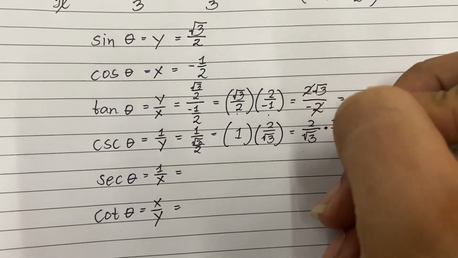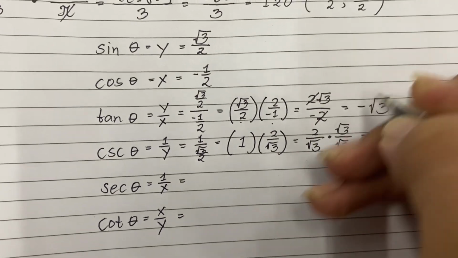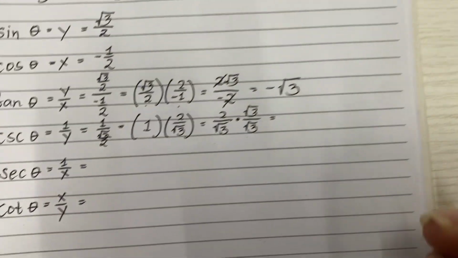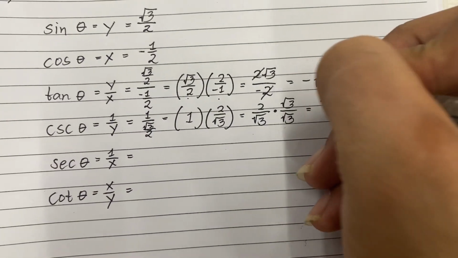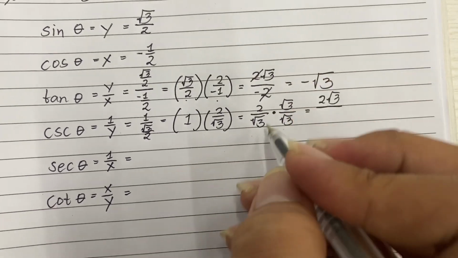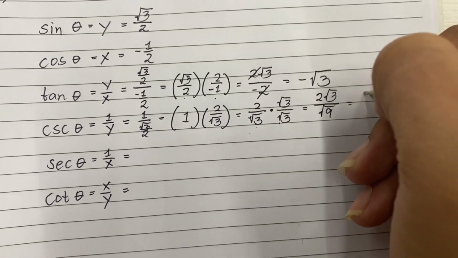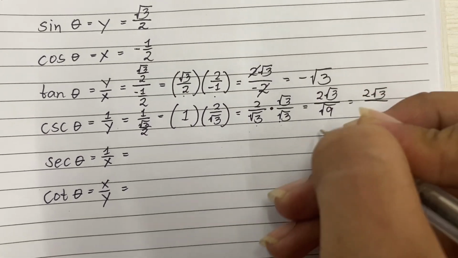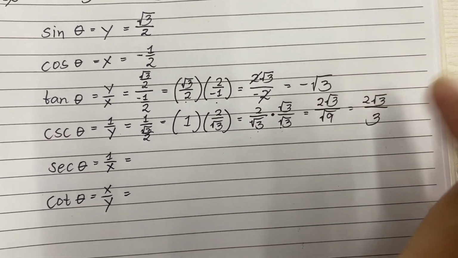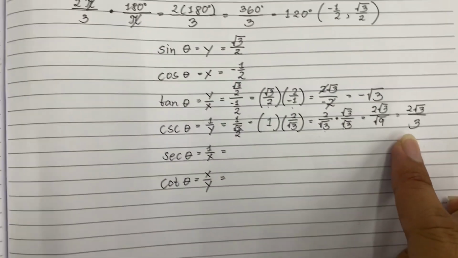We multiply both by the denominator, square root of 3. 2 times square root of 3, we have 2 square root of 3. Square root of 3 times square root of 3 is square root of 9. Copy 2 square root of 3, square root of 9 is 3. It cannot be reduced, so that's the answer.